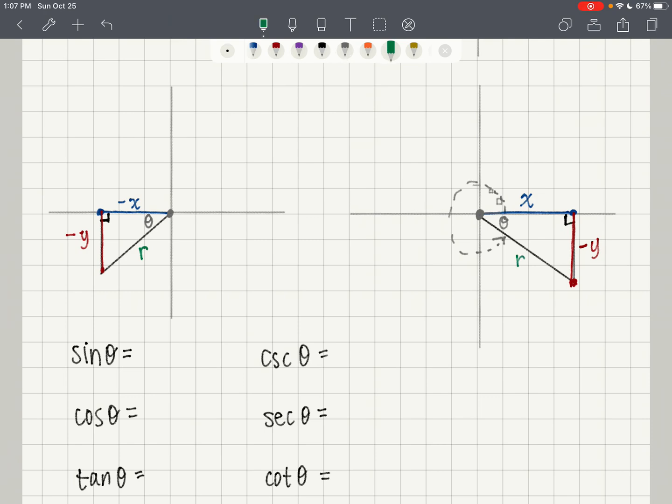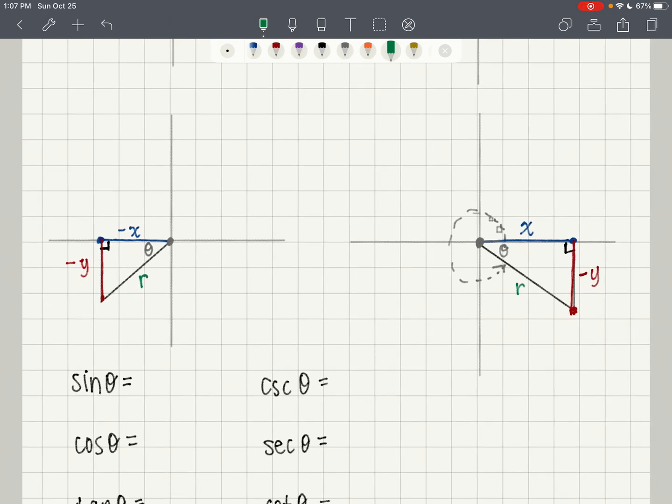The hypotenuse is always r. And if we look at each one of these triangles, x squared plus y squared, our leg squared plus the other leg squared, so the horizontal leg squared plus the vertical leg squared, is going to equal the hypotenuse squared, which is going to give us r is equal to the square root of x squared plus y squared.